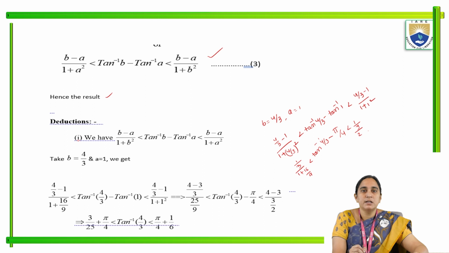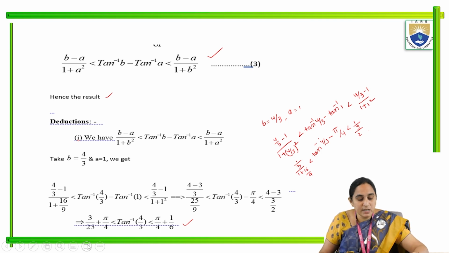This is the first deduction part after assuming b is equal to 4 by 3 and a is equal to 1. For that case only we get the first deduction part. Therefore 3 by 25 plus pi by 4 less than tan inverse 4 by 3 less than pi by 4 plus 1 by 6.